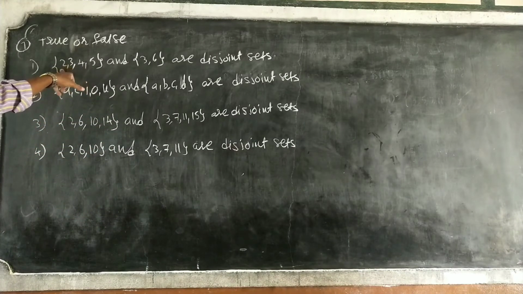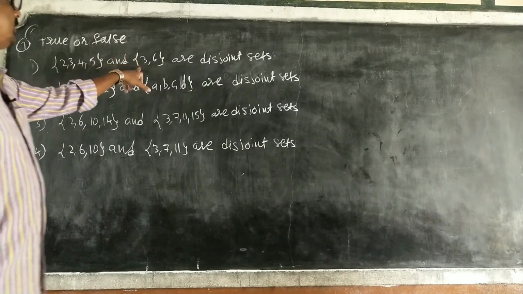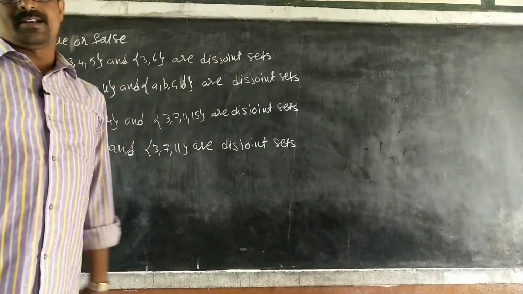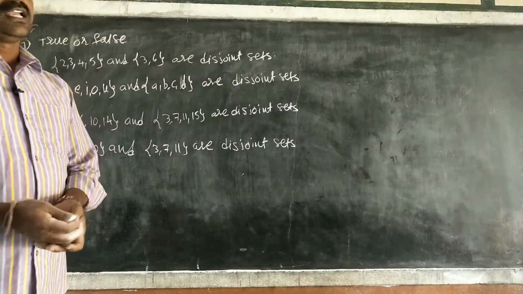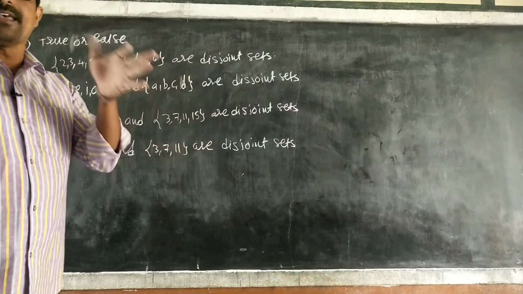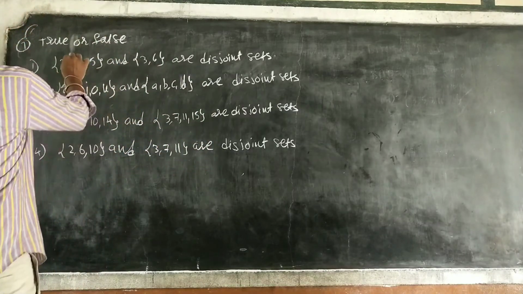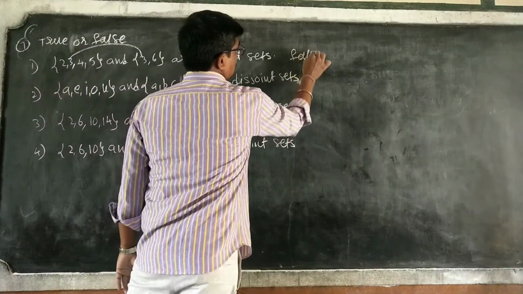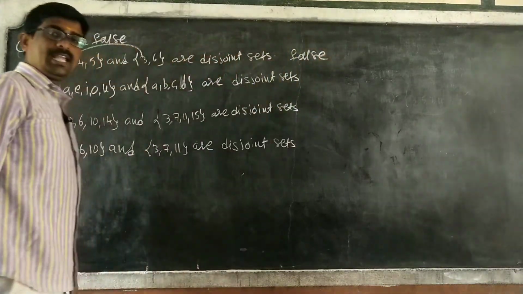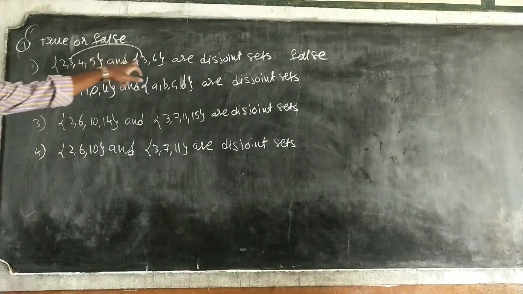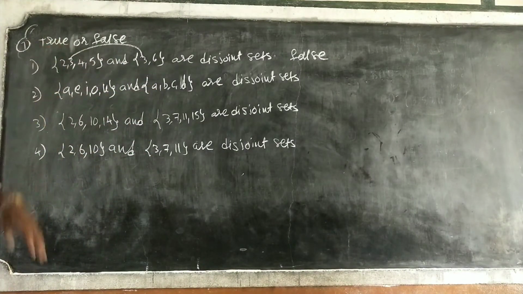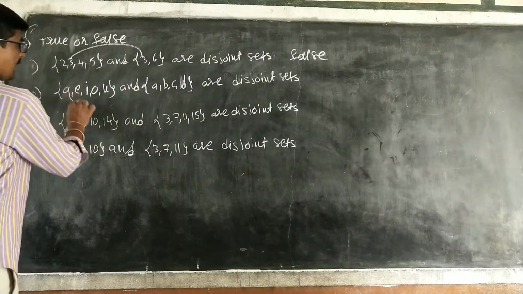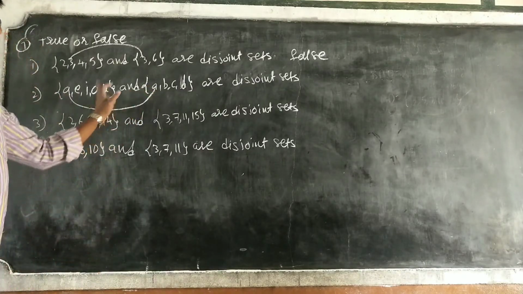Okay, next, true or false, seventh problem. So, are the sets 2, 3, 4, 5 and 3, 6 disjoint or not? So, what are disjoint sets? If there are no common elements, they are disjoint. But here we have one common element. This is false, only because of one common element. Next, here also I have to take A. A is a common element for both sets.